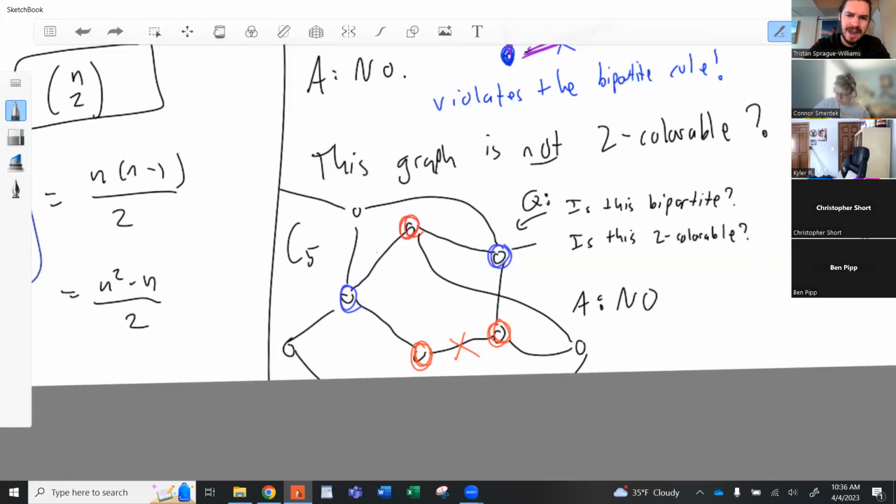The very fact that the larger graph contains this copy of C5 right here, that fact alone is going to tell you that the entire graph is not two colorable and therefore not bipartite.